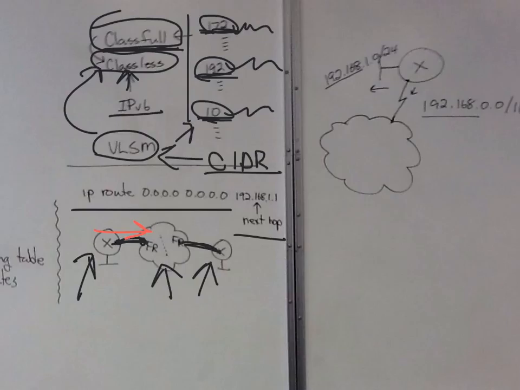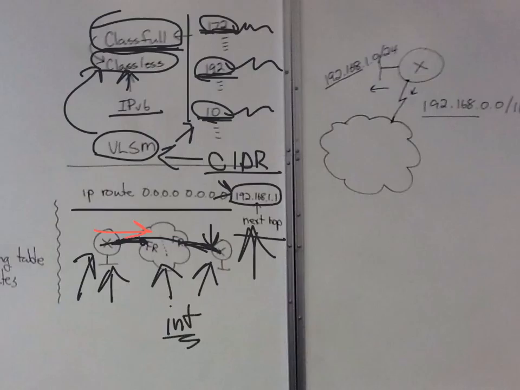But if you give the next hop, then that route won't go in this routing table if that next hop isn't there. But this does cause a recursive lookup, and we've talked about recursive lookups. It finds out it has to go here, then it has to find this address to find the interface to send it out of.